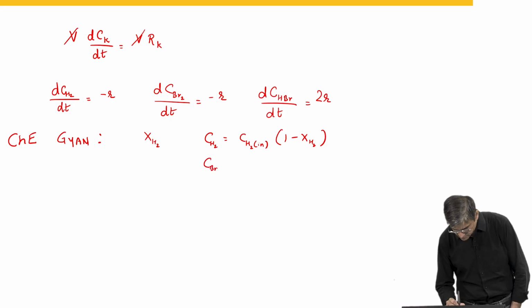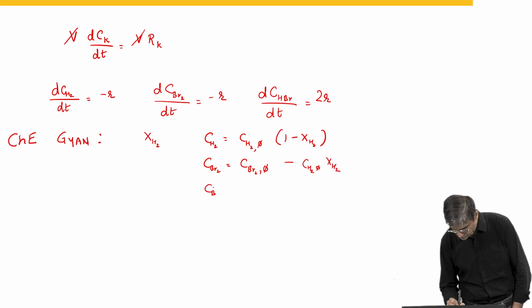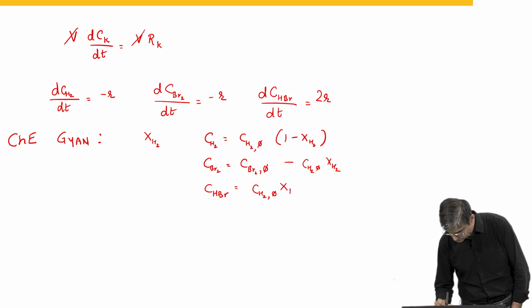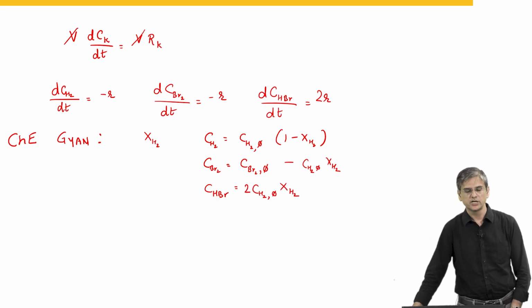Likewise, CBr2 is going to be CBr2 initial minus the corresponding amount reacted, okay.